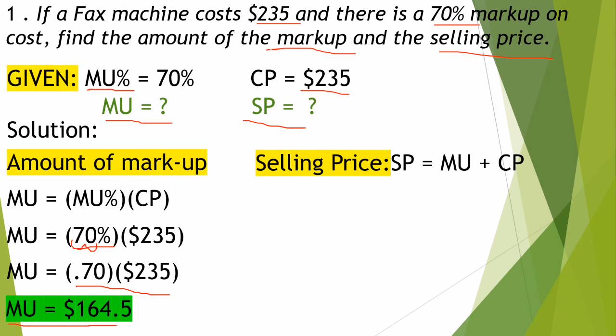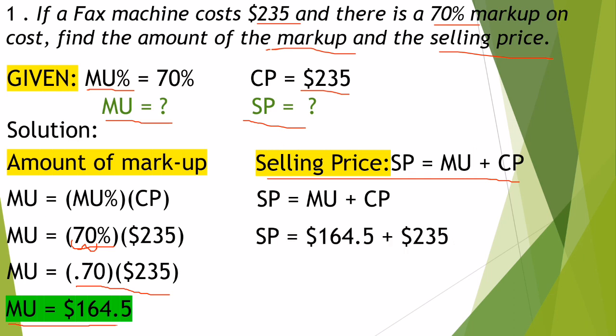And in computing our SP or selling price, we're going to use now SP is equal to MU or markup plus CP or cost price. So since we have the cost price here and we have already the markup, copy the formula and then substitute the given.